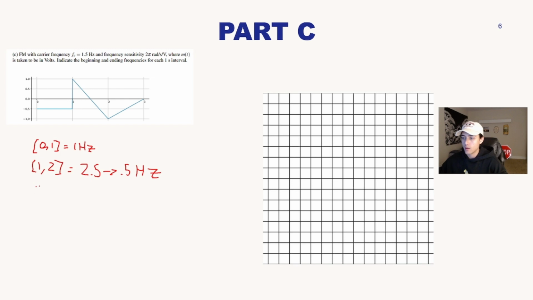And then from 2 to 3, we will have from 0.5 hertz all the way to 1.5 hertz. Right? So indicate the beginning and ends of frequencies is very important here.